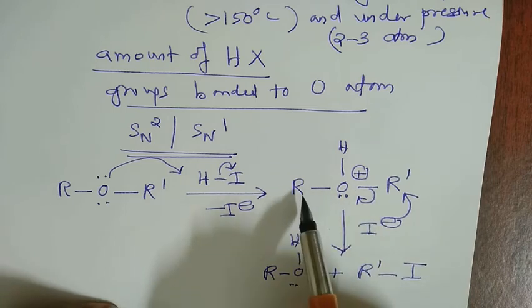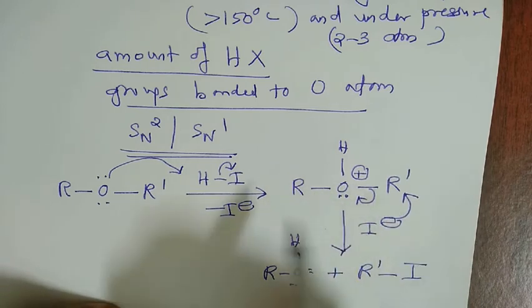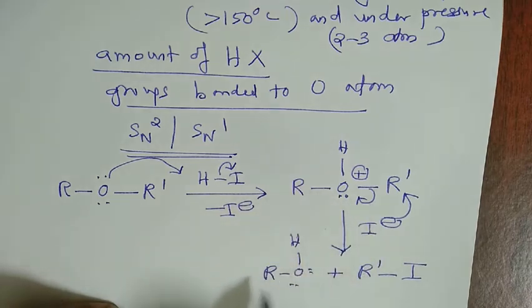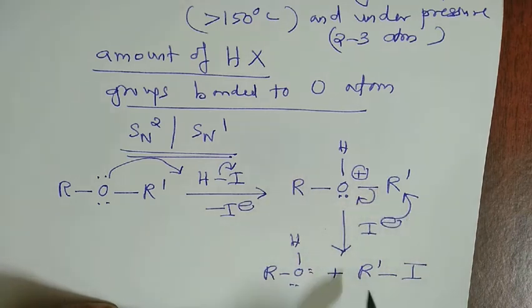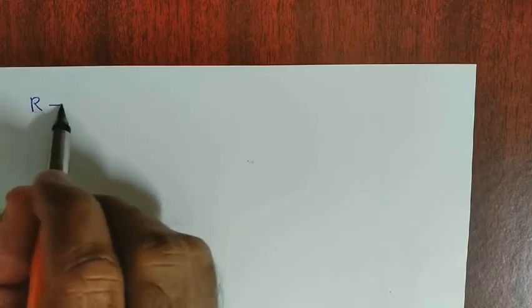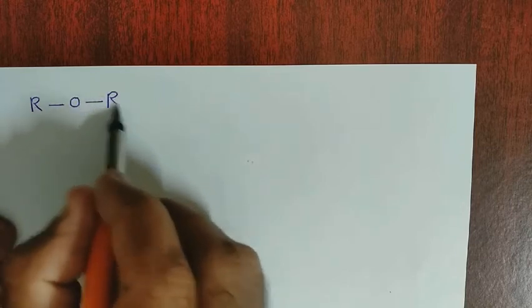Simultaneously, an alcohol is also formed. Alcohol is a leaving group in this reaction. If R or R' is a methyl group, methyl iodide will be one of the products.